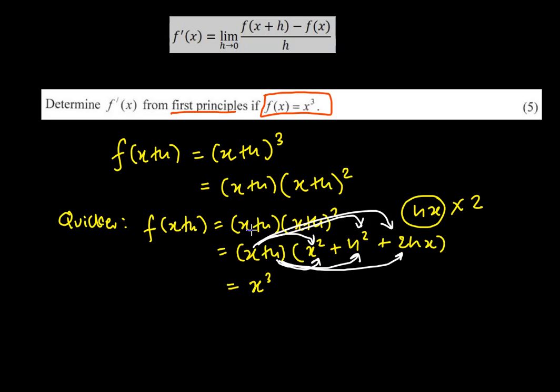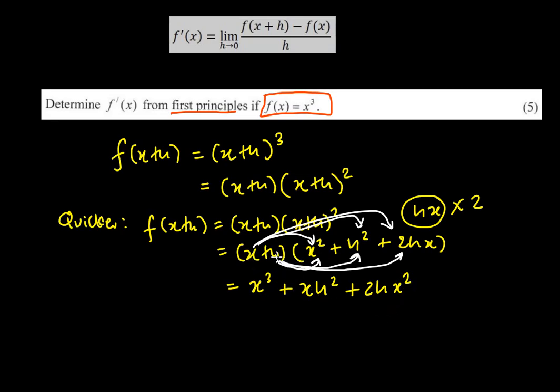Right, so now x times x squared is x cubed, x times h squared, that would be x h squared, right? Then x times 2hx, remember x and then x, they will give us x squared, right?